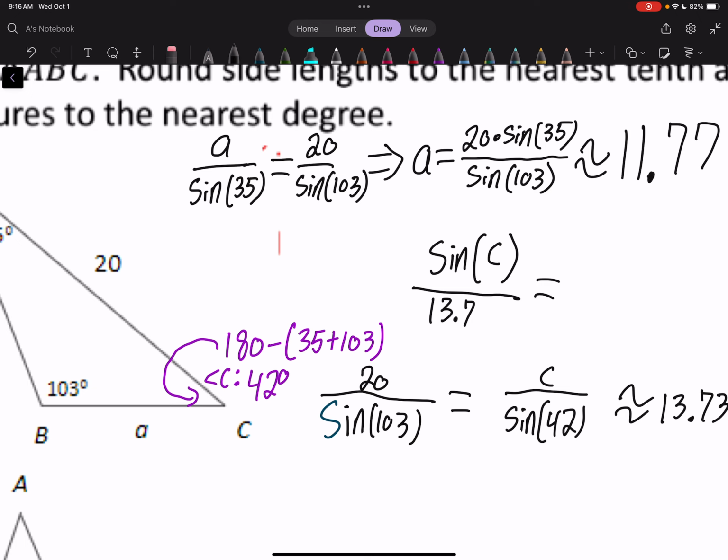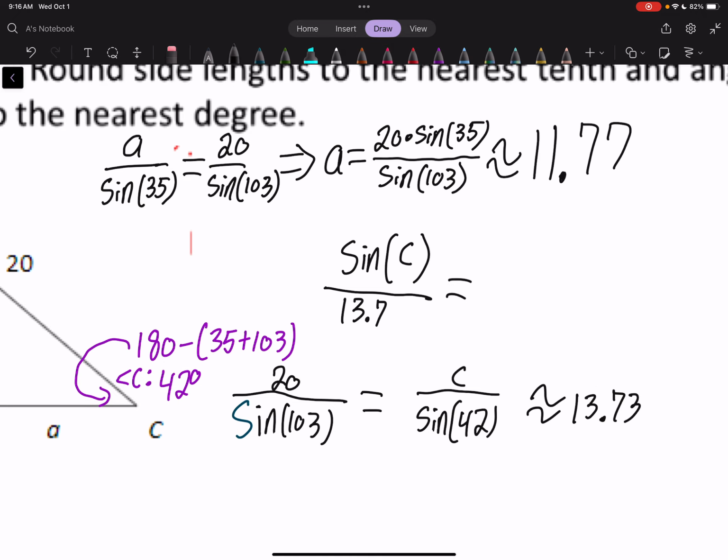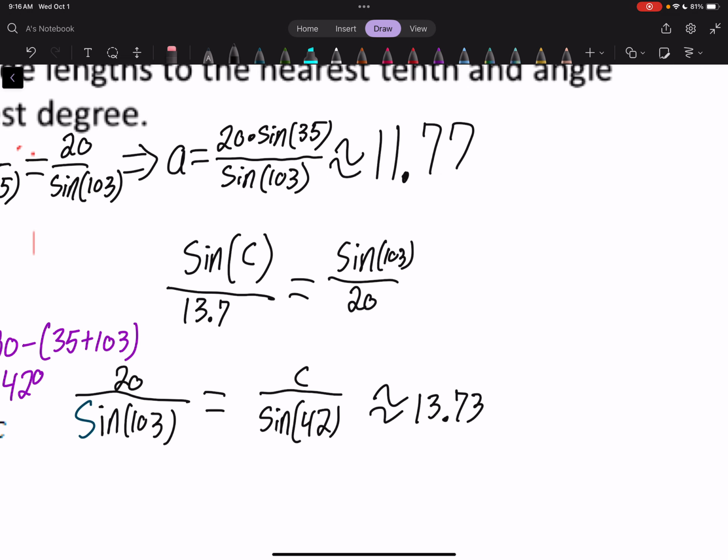Again, I'm using B because that's the one it gave me originally in the problem. Sine of 103 divided by 20. From here to solve for C, I would multiply by 13.7 and then do arc sine.